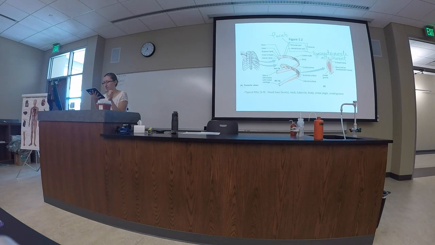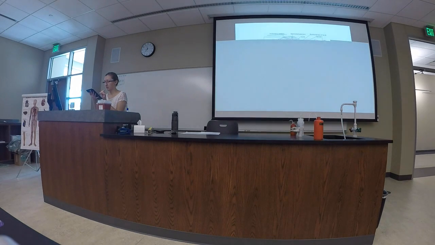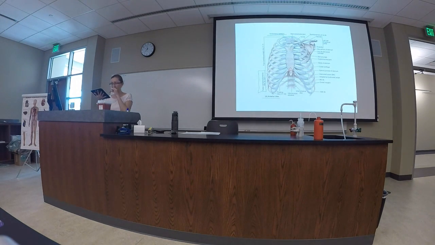So then we have these typical ribs, so the ribs 3 through 9 have this general structure, with all of the major components we've talked about. I want to quickly jump back to here and just point out we have the false ribs here that don't directly connect to the sternum.